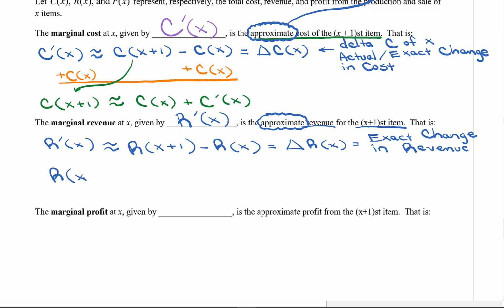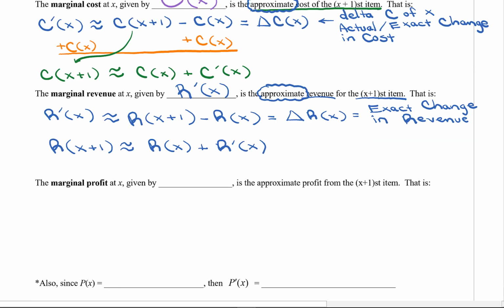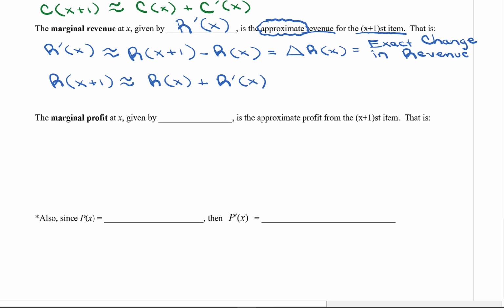And then r of x plus 1 is approximately equal to r of x plus r prime of x. And that's doing exactly what we did above with the marginal cost. I can add to both sides r of x and then just switch everything around, and it just gives me another statement that I can write down to help me understand this.